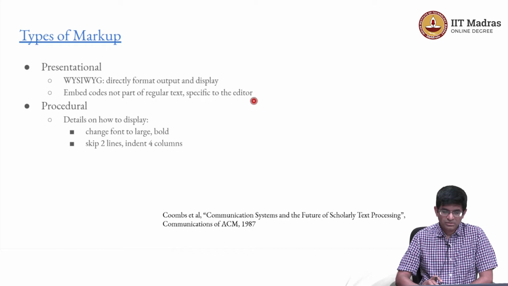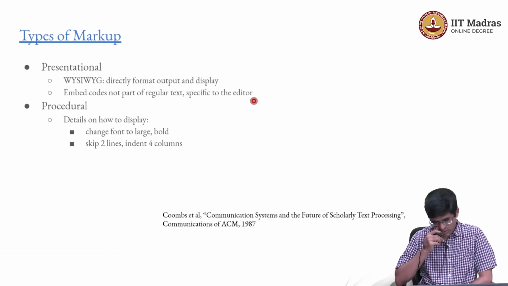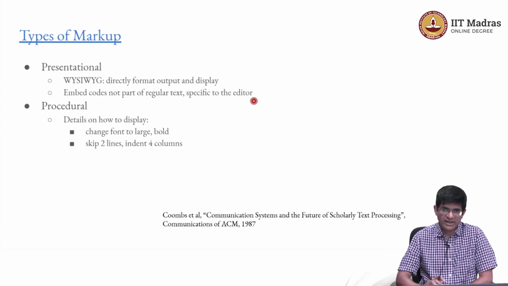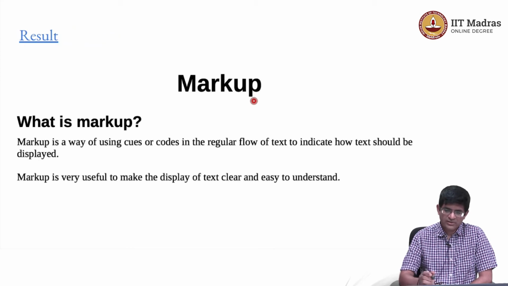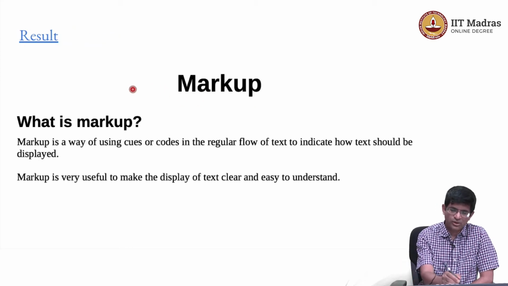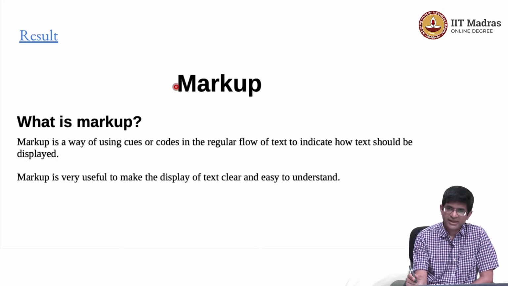Now, the next type of markup that they define in this paper is something called procedural markup, which goes into the details on how to display something. If we go back to this page, for example, the how-to-display would probably have some small code in front of or near this word markup which says, switch over to centered text, large font size, let's say 20 point font size, Arial font, and display the text.